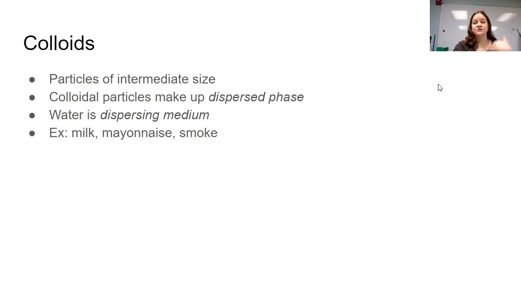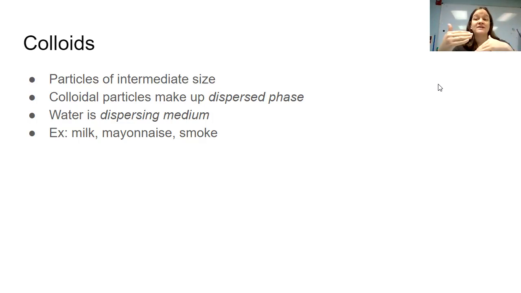Colloids. So solutions have very tiny particles. Suspensions have very large particles. Colloids are in between. So colloids have these particles that are there, but they're not really fully dissolved.